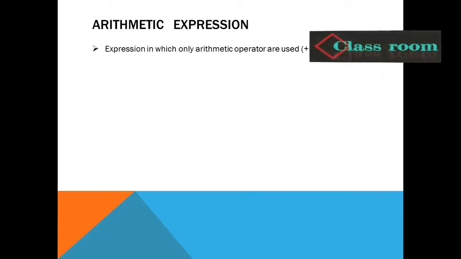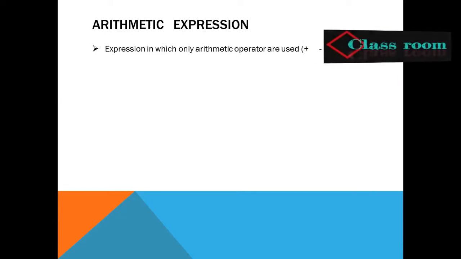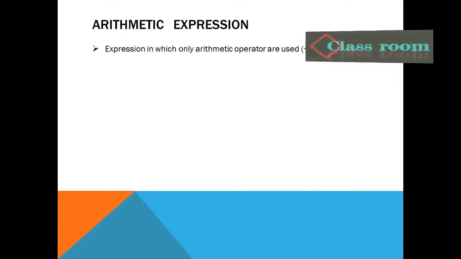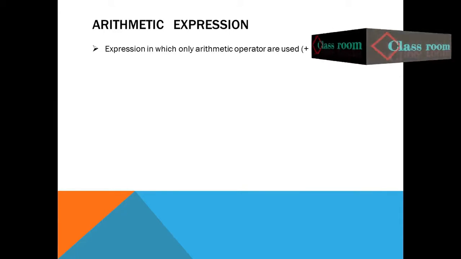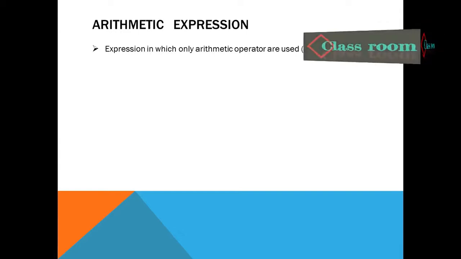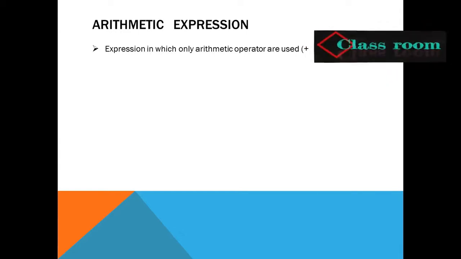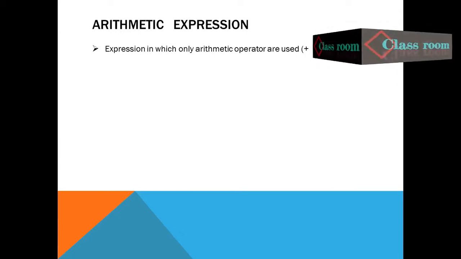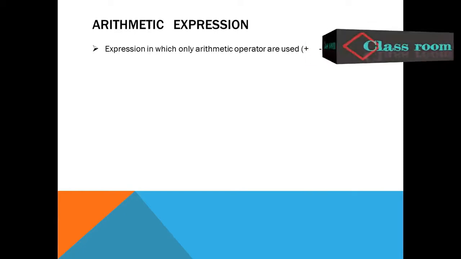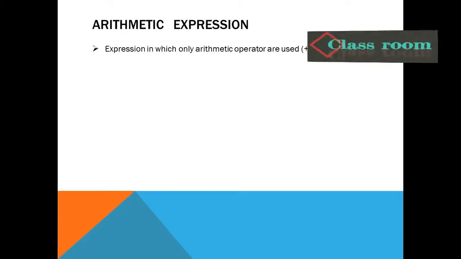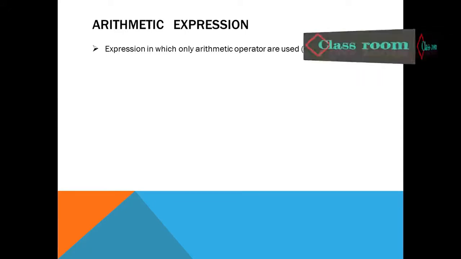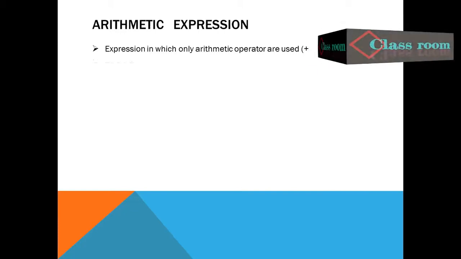In these expressions, the operator can be plus, minus, division, modulus, and multiplication. These are the operators which are used to perform arithmetic operations, and any expression that includes arithmetic operators is called an arithmetic expression.